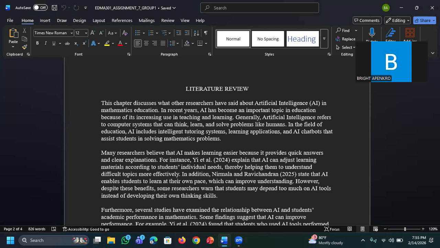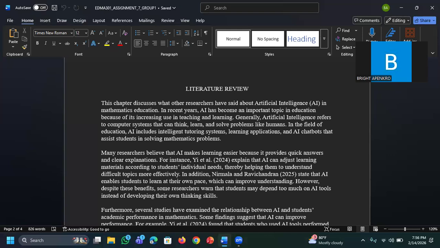It helps them to learn without being lectured or being taught in the traditional classroom. It is a software, an application that learners use to learn on their own. It helps them to solve problems without being assisted when they have their mobile device or their laptop. AI will just help them to solve any mathematical problem that they have, if and only if they can control or use it well.